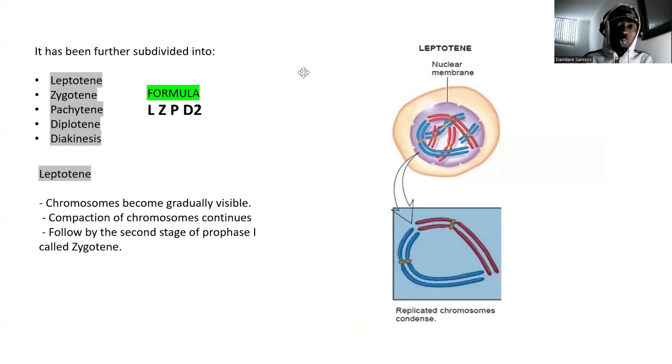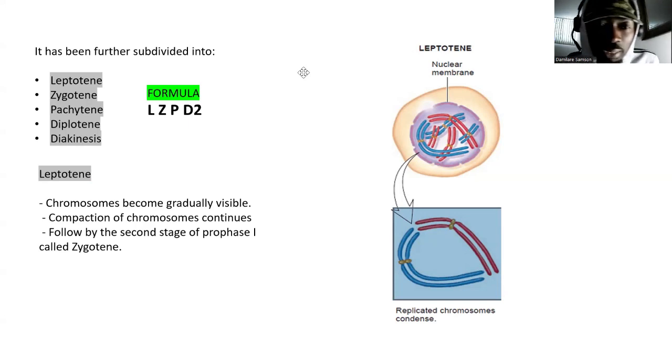Under prophase 1 of meiosis 1, we have a kind of subdivision. It's subdivided into stages. Now, under prophase 1 of meiosis 1, it is subdivided into leptotene, zygotene, pachytene, diplotene, and diakinesis.